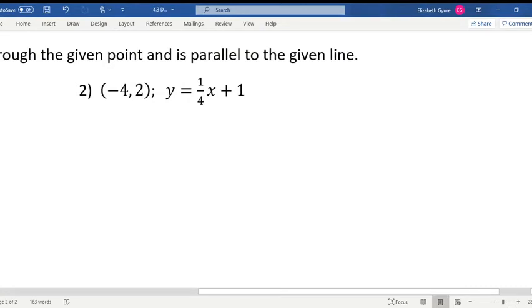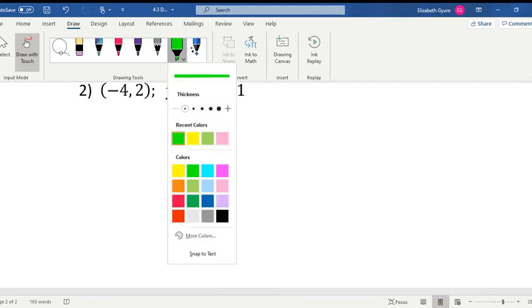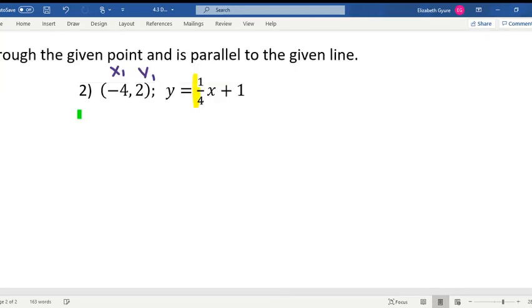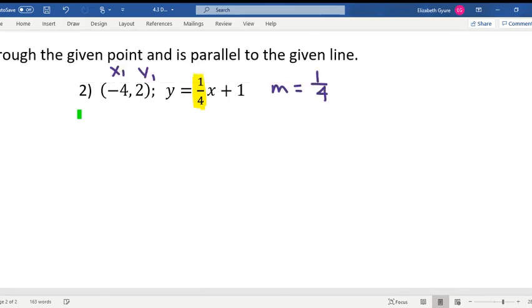So for number 2, here's our x1, here's our y1. What is our slope that we need to use? 1/4. Yeah, we're going to use the 1/4 here. So m equals 1/4, and you don't have to write it off to the side. I just like to so we know exactly what we're using.